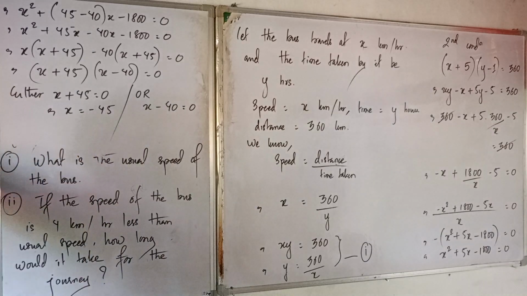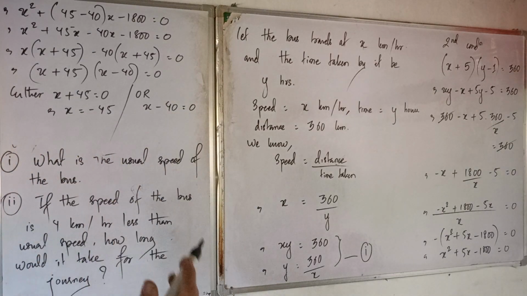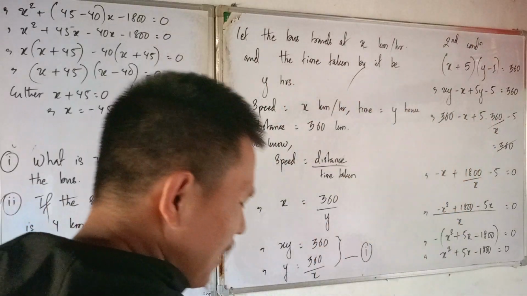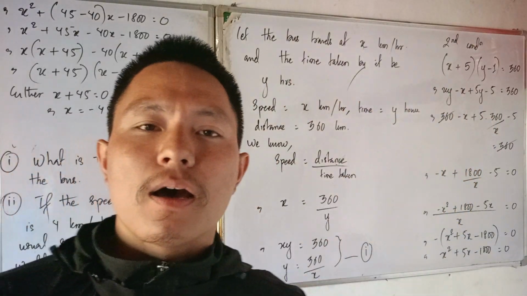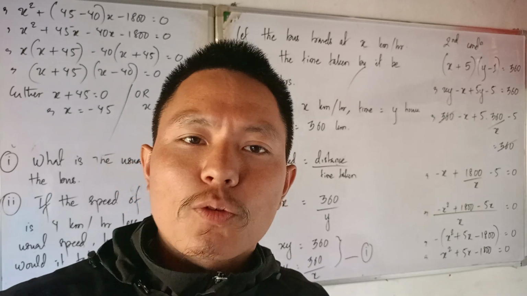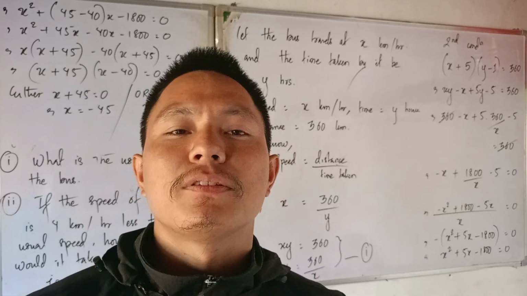Now the value for x, speed. Speed is a scalar quantity, so when the speed is negative, you just reject it. A scalar quantity does not have a negative sign. You have already read in science that a scalar quantity does not have direction.